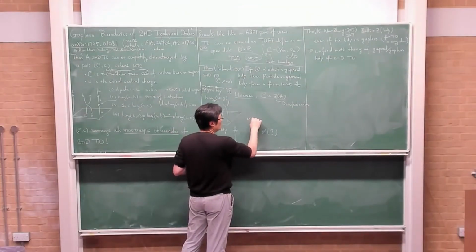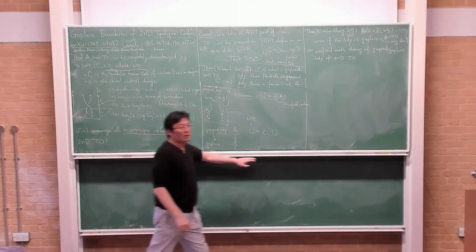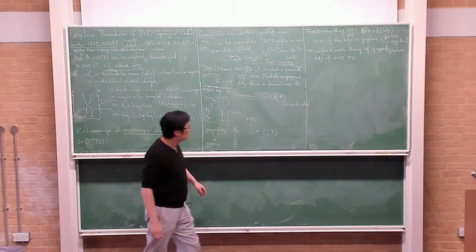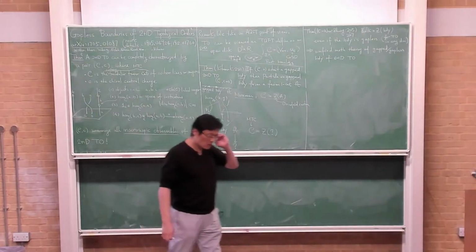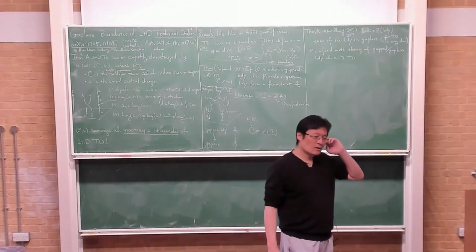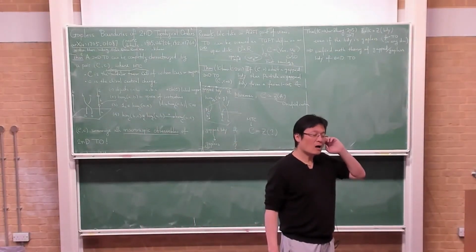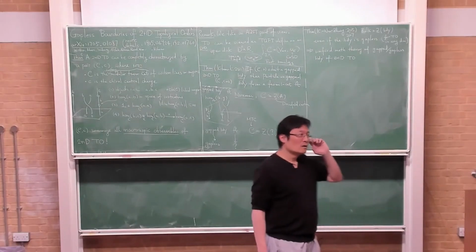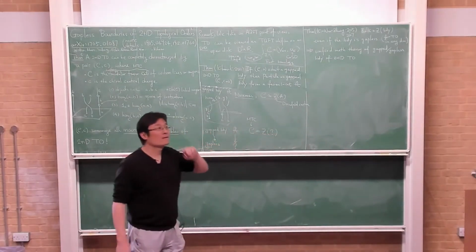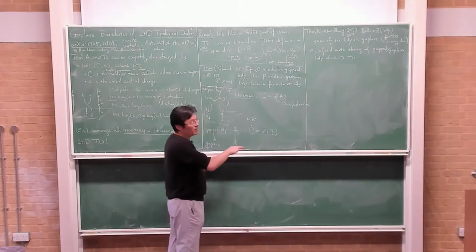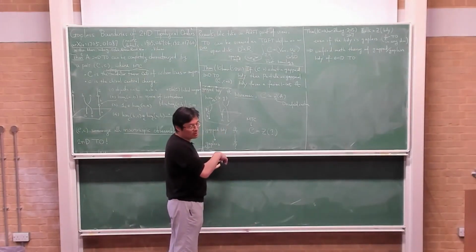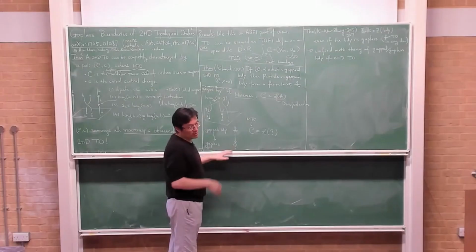Yes? Does gapless mean a CFT with a unique vacuum, or can it also be a QFT? It can also be a QFT. On the boundary it becomes gapless, so it's not topological anymore. But the bulk is still topological. The bulk phase is still gapped.